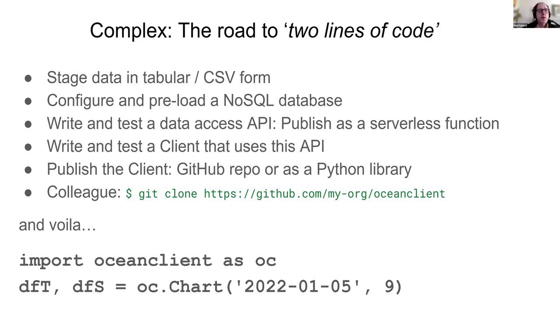The first one just imports a Python program that has a useful function in it called chart. And then the second line of code is to execute oc.chart, give it a couple of parameters, and what will come back are some pandas data frames for those sensors, those ocean sensors that we mentioned. The first one is temperature, and the second one is salinity.